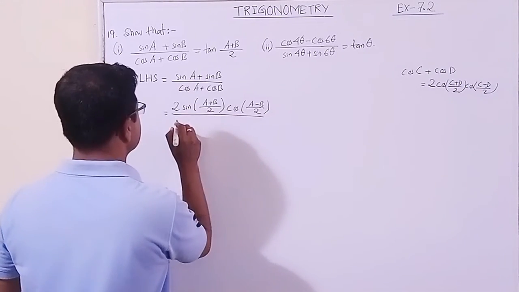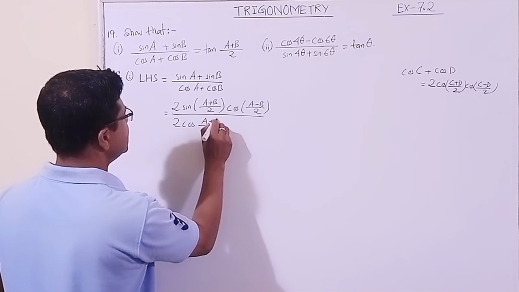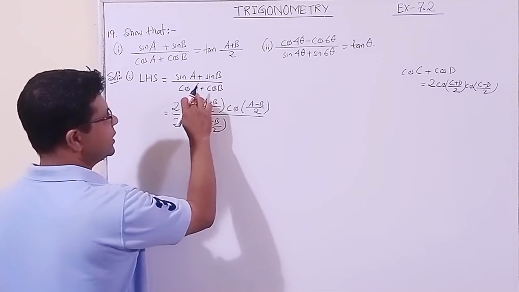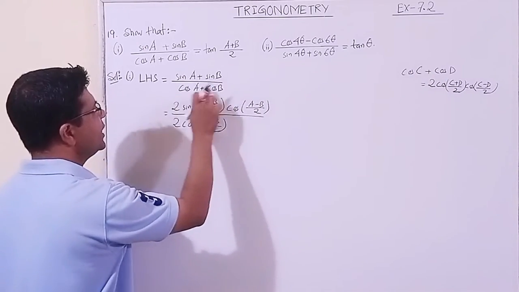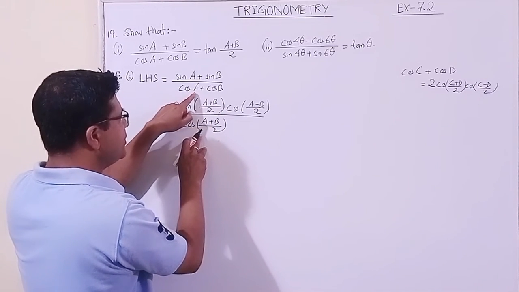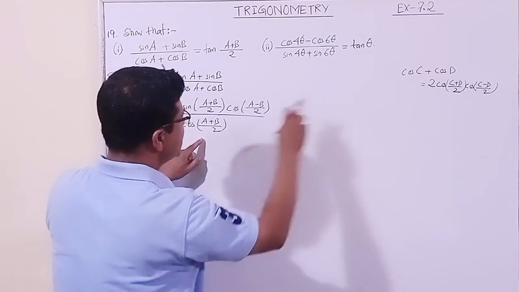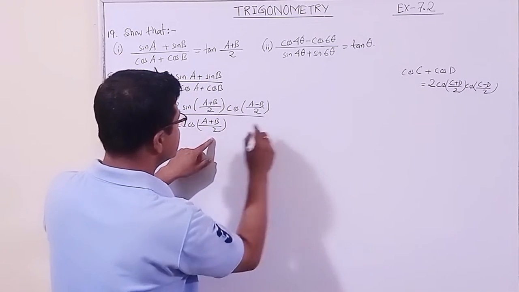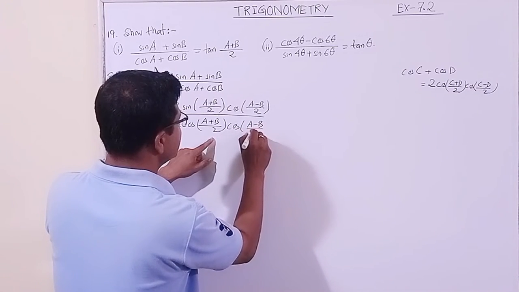So let us write twice cos (A plus B) by 2. Here actually the formula is in terms of C and D, but here we have A and B, so we will assume A means C and B means D. So twice cos (C plus D) by 2, then cos (C minus D) by 2.